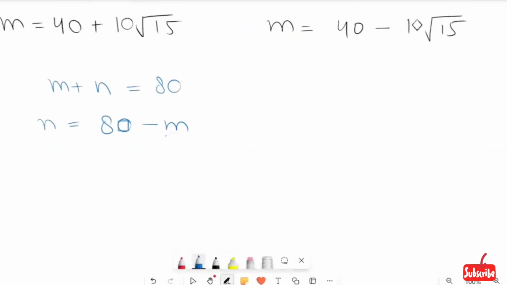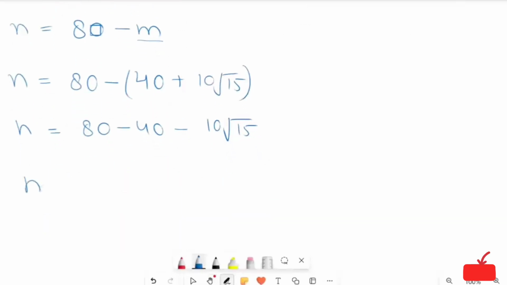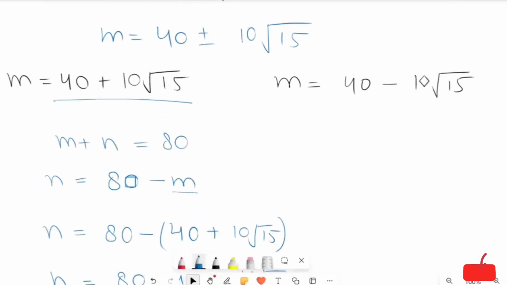Now I am going to plug in the m expression, the positive one. 80 minus (40 plus 10 root 15), and n is equal to 80 minus 40 minus 10 root 15. Now we solve this: 80 minus 40 is 40, minus 10 root 15. So this is our n value when our m value is positive.